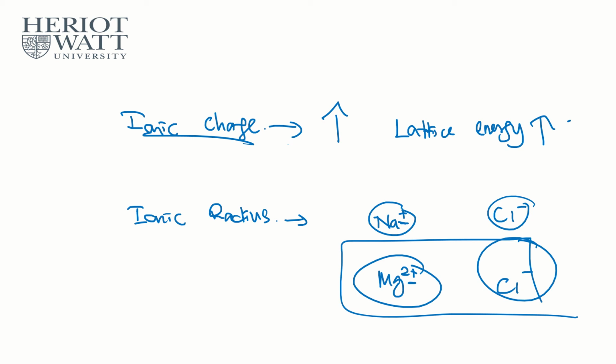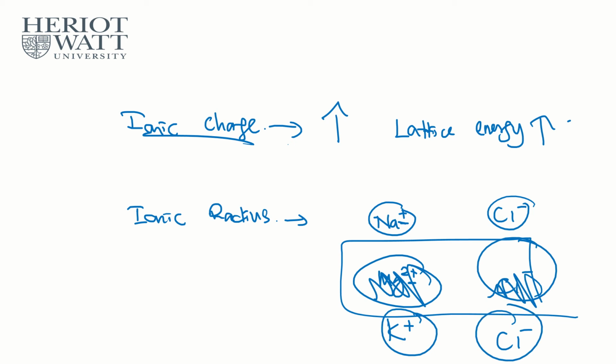Now what if we are comparing in terms of ionic radius? Let's say not magnesium 2 plus, but I change it to potassium plus with chlorides. So what do you think comparing between sodium and potassium? Since chlorides are the same, we're just comparing between sodium and potassium. Both from the same group, and knowing that potassium is much bigger in terms of ionic radius compared to sodium, which one will have a stronger attraction? Of course, the one with the smaller radius, the nucleus is actually closer to the surrounding, including the negatively charged chloride.